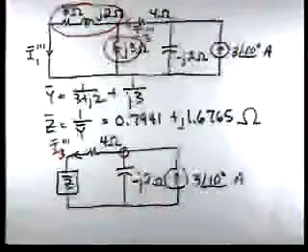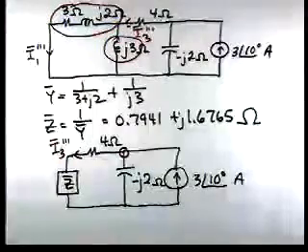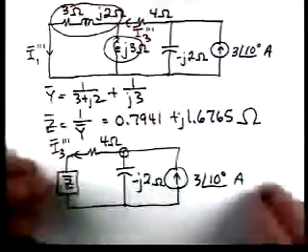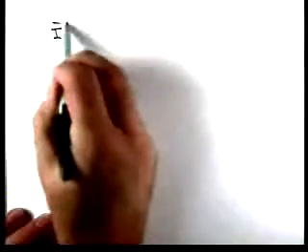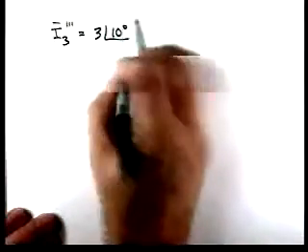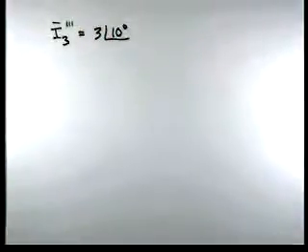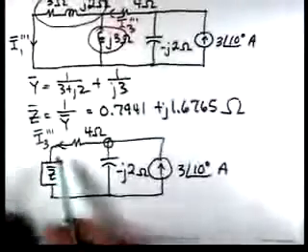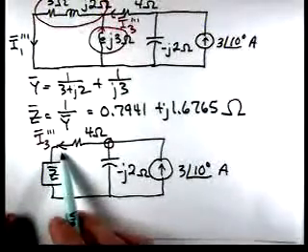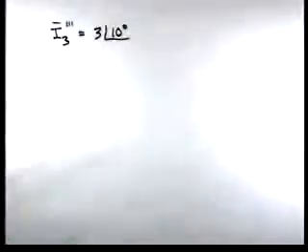So now I3 triple prime is 3 at an angle of 10. We want the current through this part of the circuit, so we're going to put this impedance in the top.